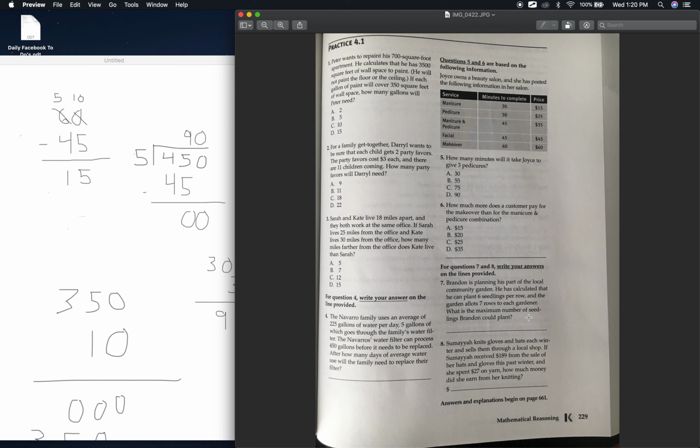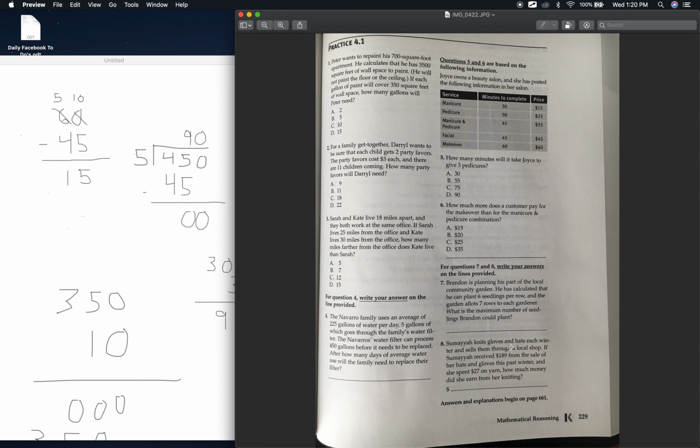What is the maximum number of seedlings Brandon could plant? So there's no extra information here. Saying that in each row he can plant 6 seedlings, and there's 7 rows. So we would multiply that. Okay, 6 times 7 is 42. So go ahead, put 42 right there.